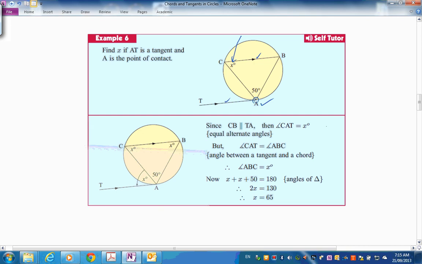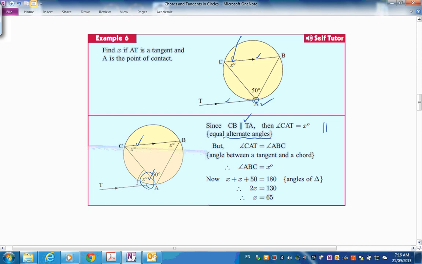So what's the book done here? They have chosen to go straight for the parallel lines. Okay, so going for the parallel lines, if you called angle CAT, that one, if we've got x up here, therefore angle CAT down here is also x. Alternate angles here between the parallel lines.